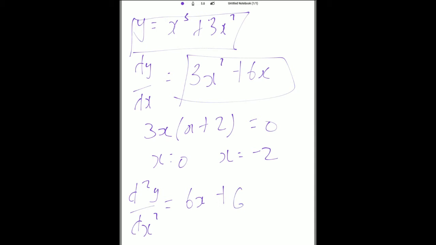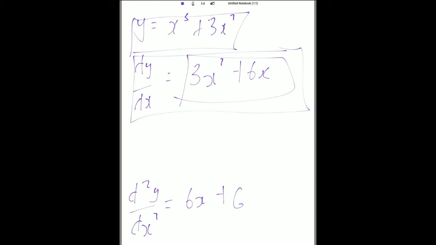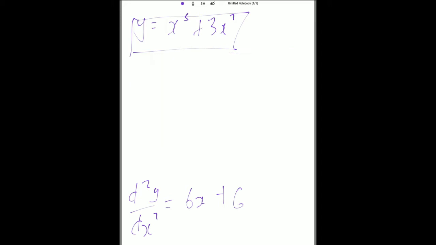So, let's do some substitution. Let's substitute our stationary points in this function here to determine whether or not they are maximum or minimum. So at x equals 0, we would have 6 times 0 plus 6, which is equal to 6.